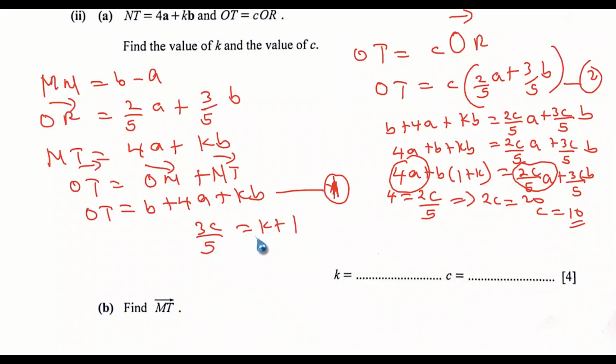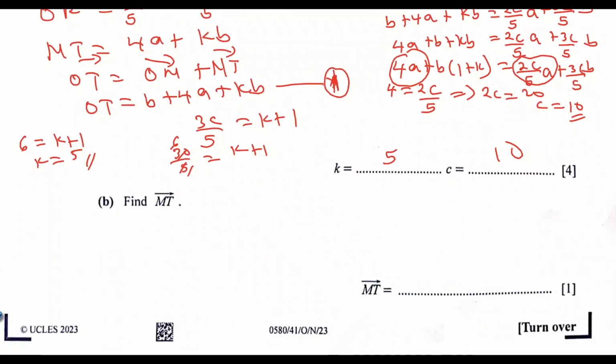We know the value of c is 10, so we can key in the value of c here. This will be 3 times 10, so we have 30/5 equal to k plus 1. 5 into 30 is 6, so 6 equals k plus 1, that implies that k is equal to 6 minus 1, which is 5. So the value of k is 5 and the value of c is 10.